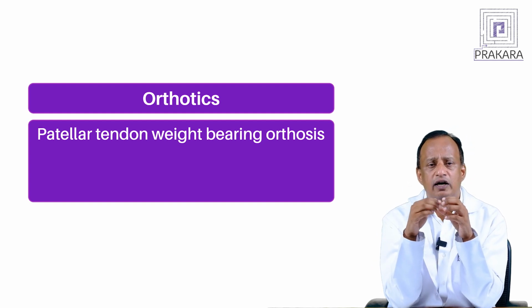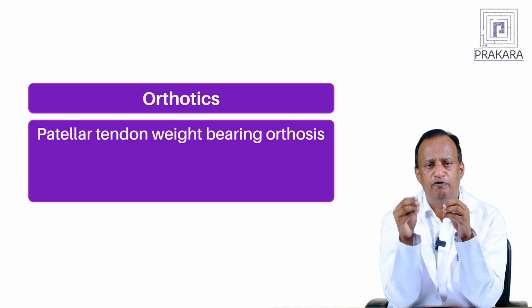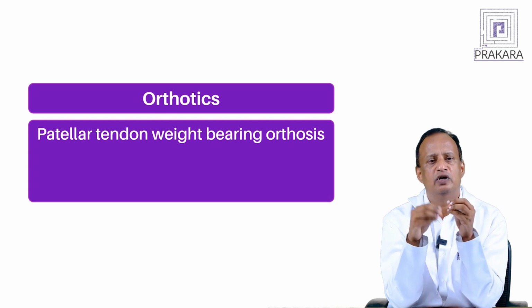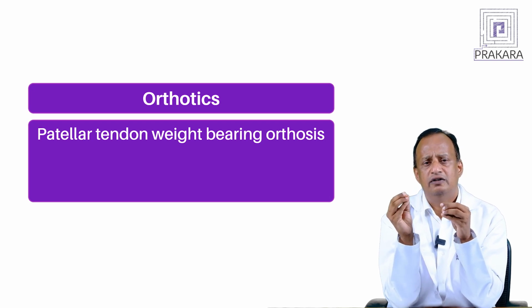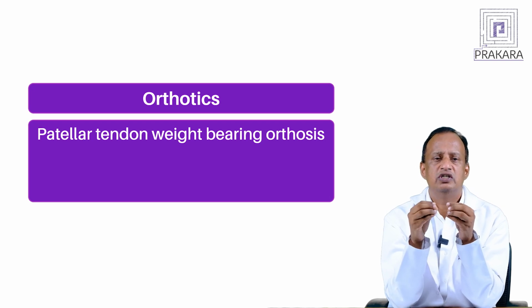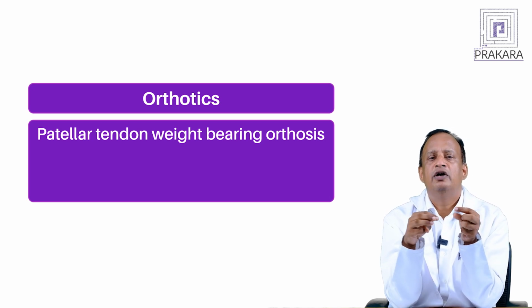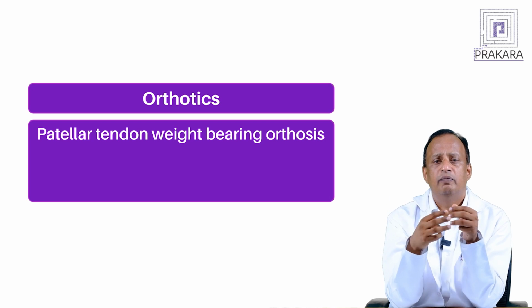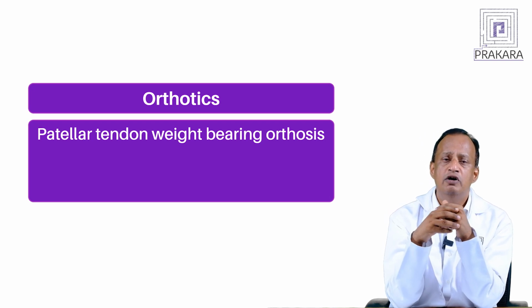Usually, prolonged use of that kind of orthosis might help us in recovering. If it is grade 1 or grade 2 osteoarthritis, we can see a little bit of a difference in the pain as well as the mobility of the person.